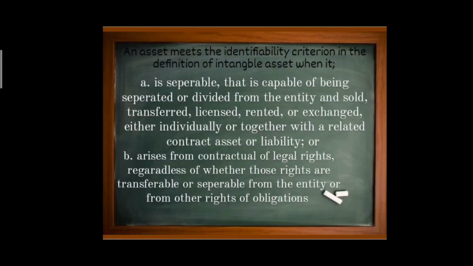Kapag sinabi kasing identifiable, you can separate that. It is separable in a sense na kapag kaya mong iwalay, therefore, napipinpoint mo kung alin siya. Na kapag kaya mong iwalay, magagamit mo siya as it. Kasi nahihiwalay mo nga eh. Pwede mo siyang parentahan, paupahan sa iba.